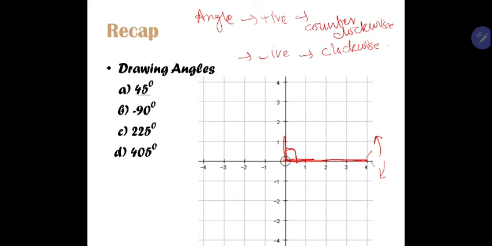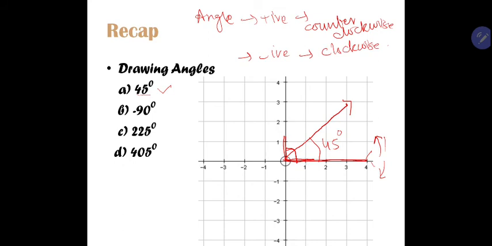All right, now 45 is a positive angle, and we know positive angles go counterclockwise. So this red line shall go counterclockwise, which is upwards, and this angle is going to be 45 degrees, because this is half of 90.